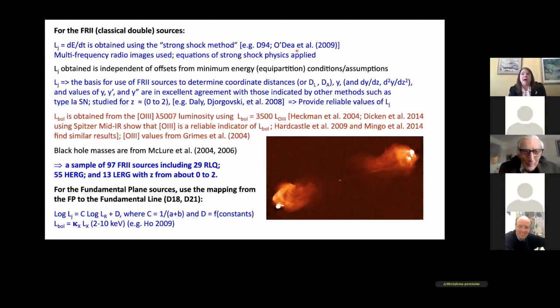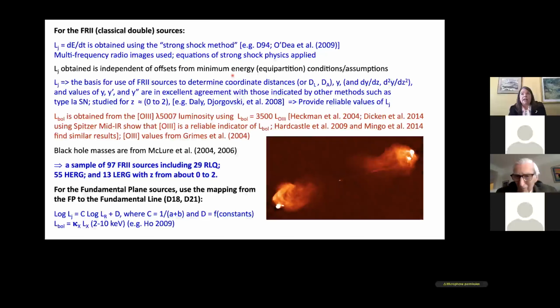Our most recent paper on it is O'Dea et al. in 2009. And what happens is you basically use the property of the radio emitting plasma to determine the beam power using strong shock physics. And when you write down the equations of strong shock physics and look at how the empirically determined quantities enter, it turns out that the offsets from minimum energy conditions in this large extended region cancel out.